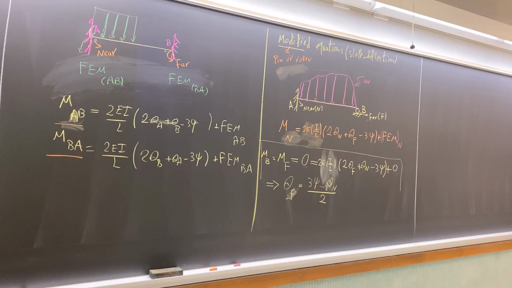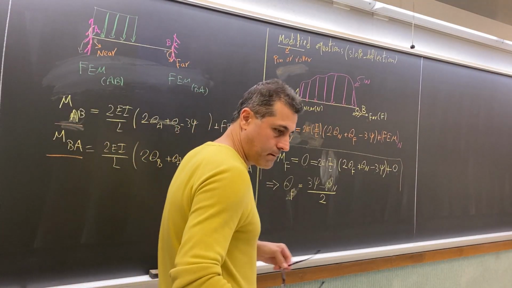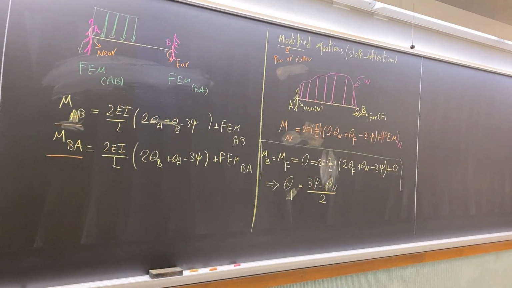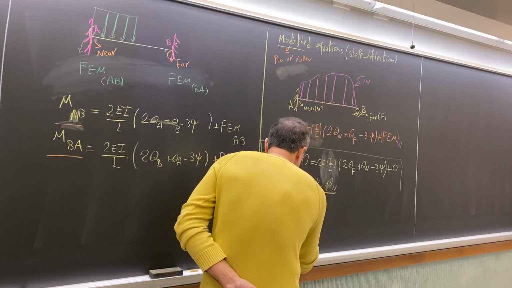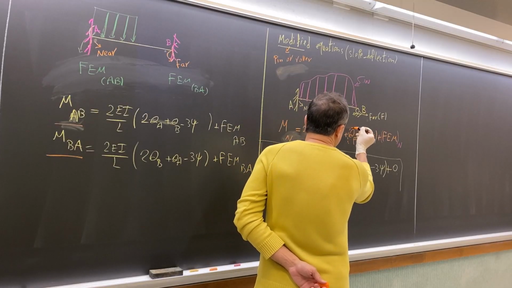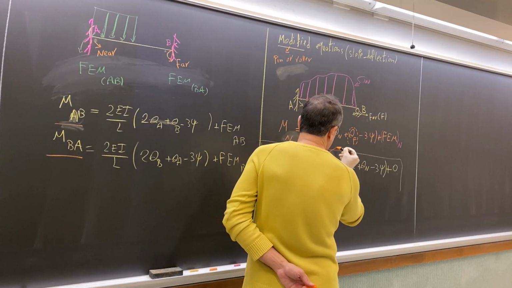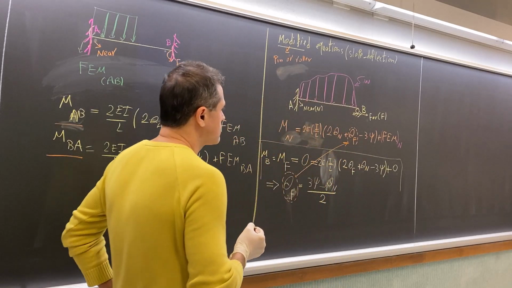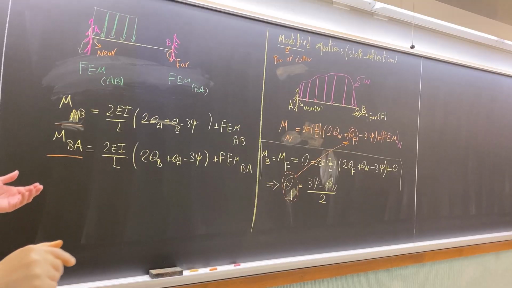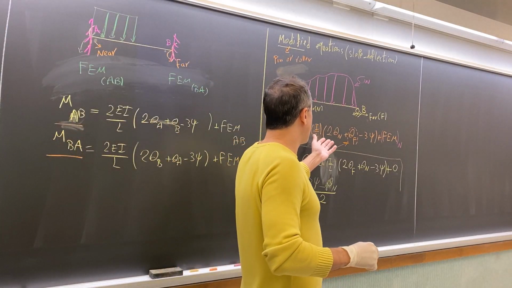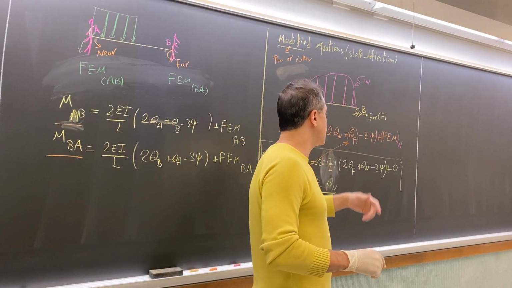Now, if you substitute theta F here, then you would have the equation for Mn written in terms of EI over L, theta N, psi, and FEM.